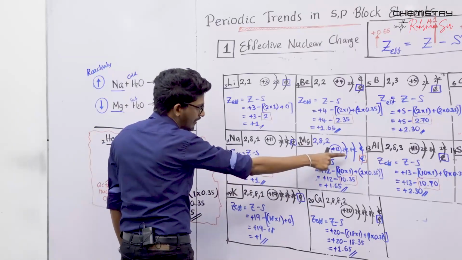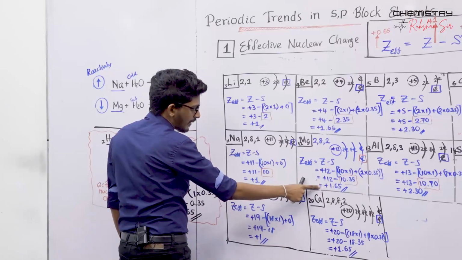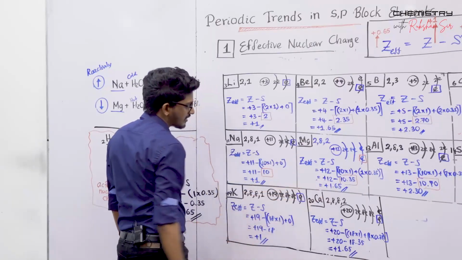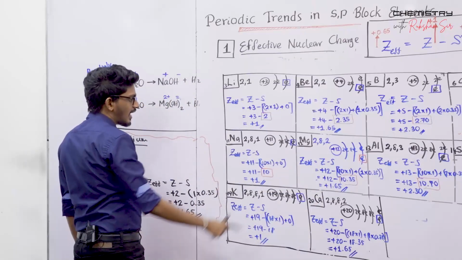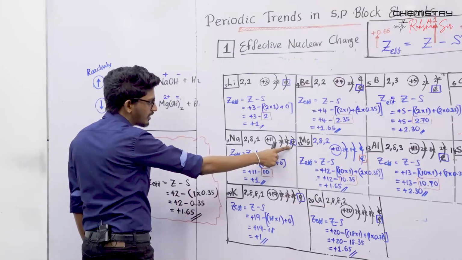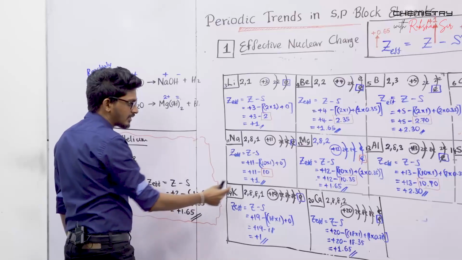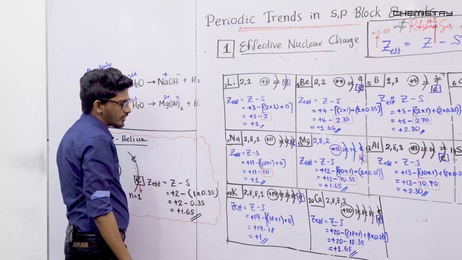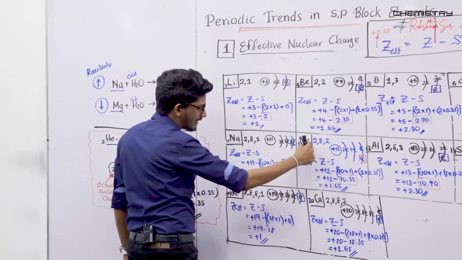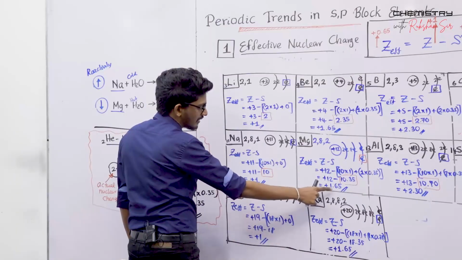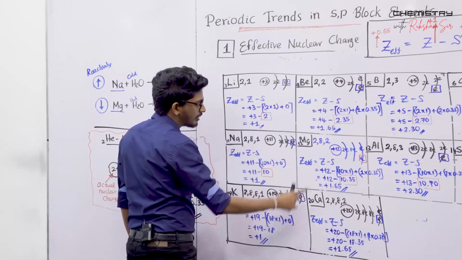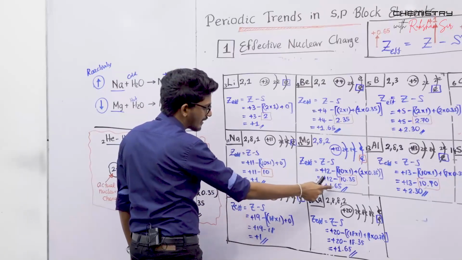The valence electron in magnesium feels a plus 1.65 charge from the nucleus, which is greater than the charge felt by a valence electron in sodium, which is plus 1. That is a greater value.